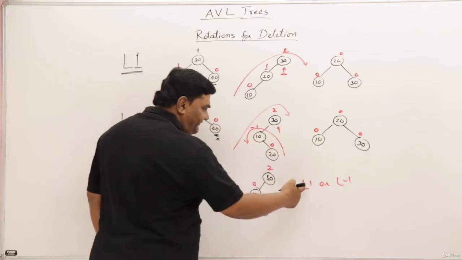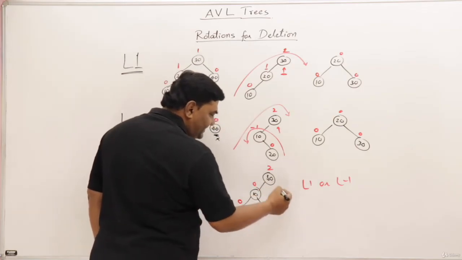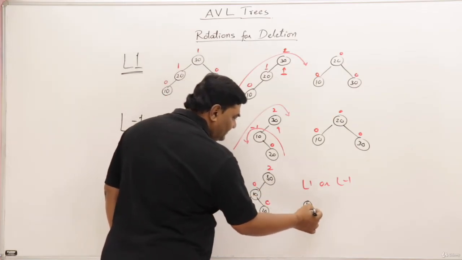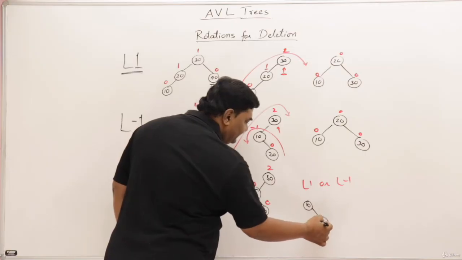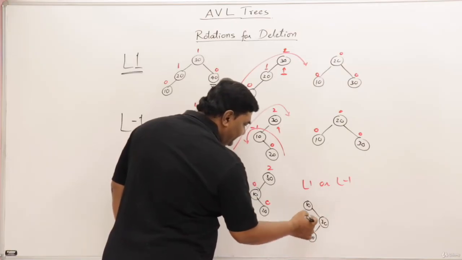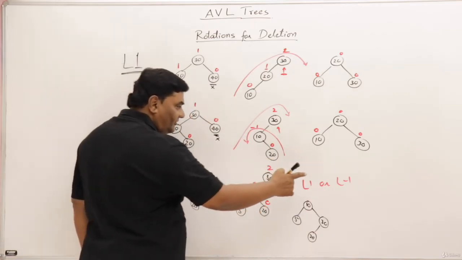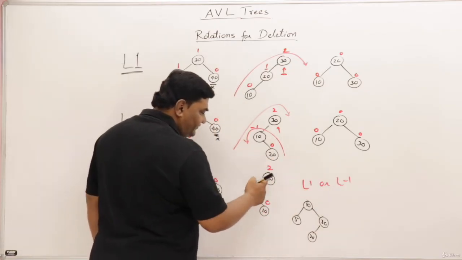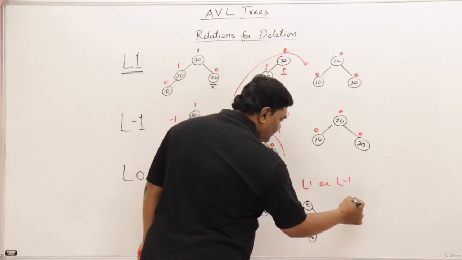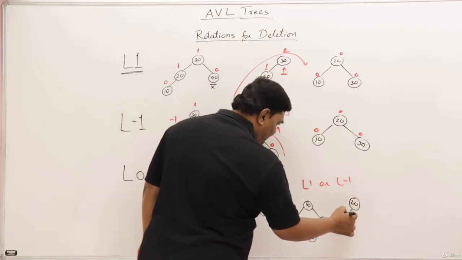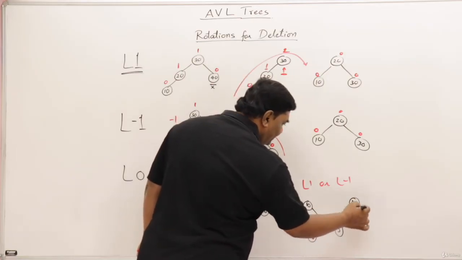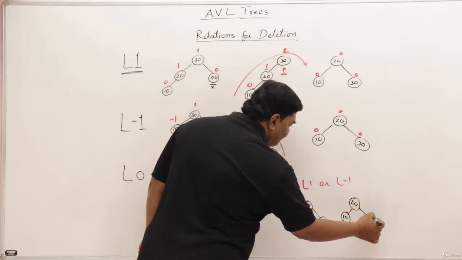If I perform L1 rotation, then this 10 will move up and 30 will come to the right side, 20 will be on the left hand side of this one, and 5 will be here. This is balanced. If I perform L minus 1 rotation, then 20 will go up to the root, then 10 on this side, 5 on this side, and 30 will be moved to the right side.